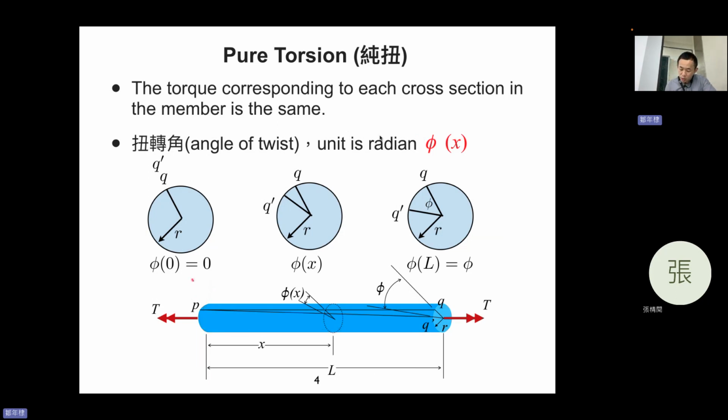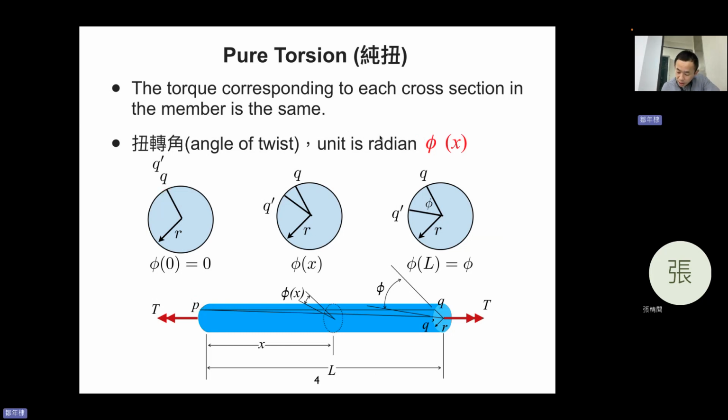So when you assume that this is a fixing point, a fixed support, a wall, and then you draw a line here, and you draw a point here, point here, point here, okay?